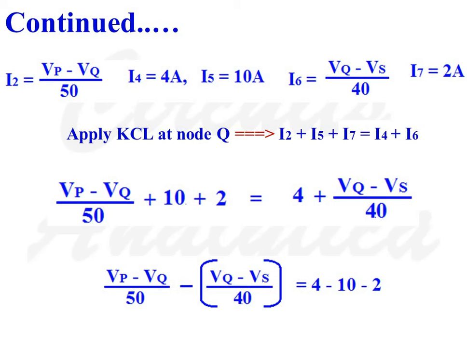So rearranging the terms, we will get (Vp minus Vq) divided by 50 minus (Vq minus Vs) divided by 40 is equal to 4 minus 10 minus 2.